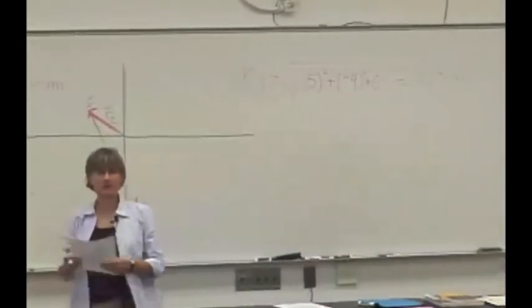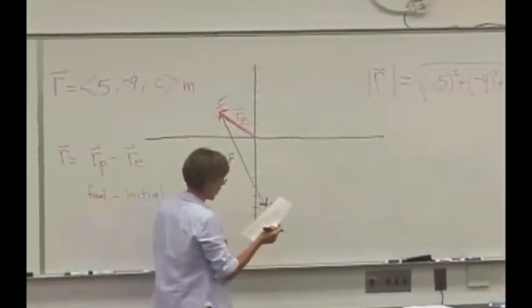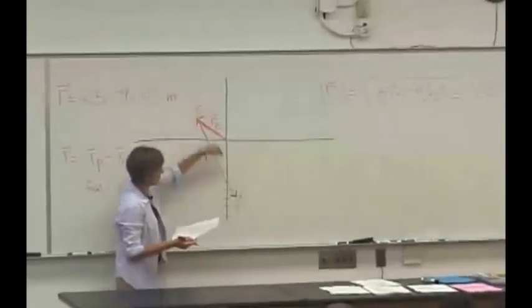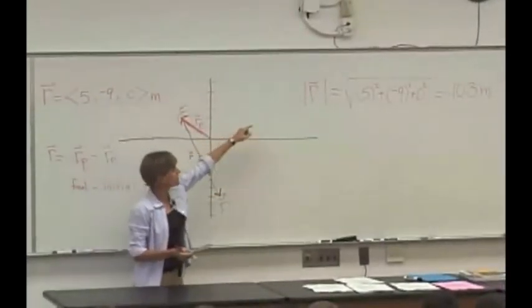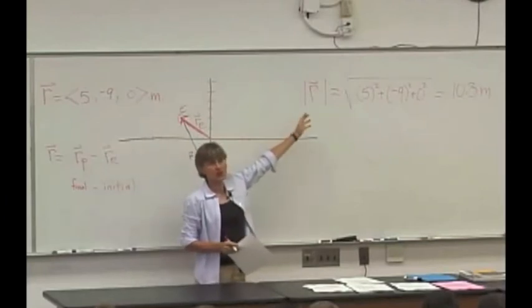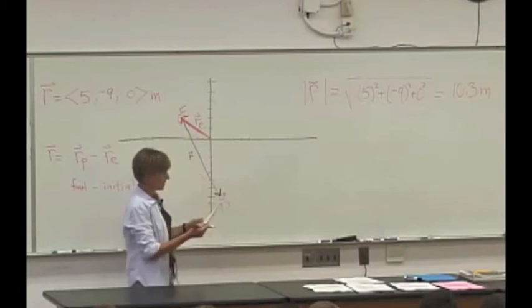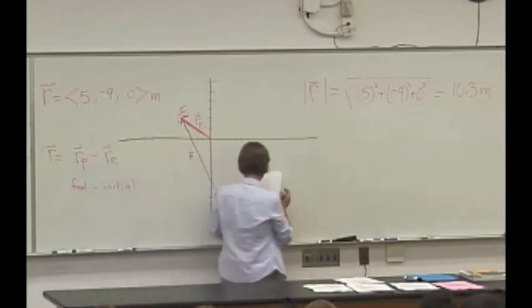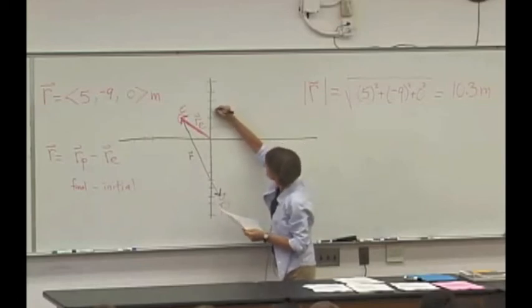What is the unit vector r hat pointing in the direction of? Well, it's a vector pointing in the same direction as r, but it only has magnitude 1. In this case, the magnitude of r is a little more than 10 meters, so this thing is going to be kind of short, isn't it? But it'll be parallel to r, and it's said to draw it at 0, 3, 0.